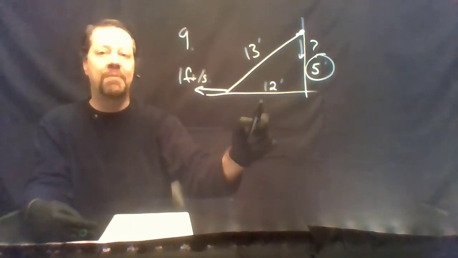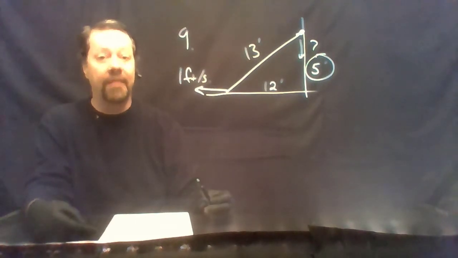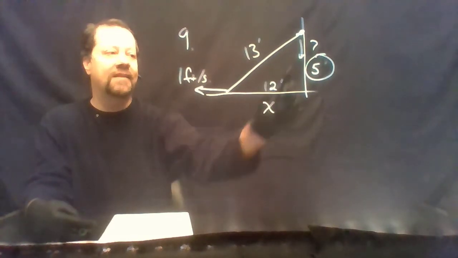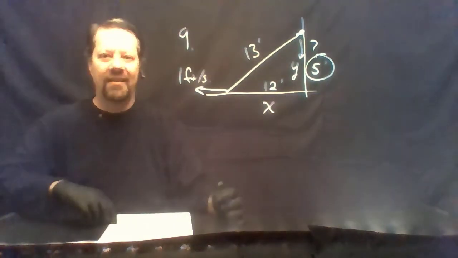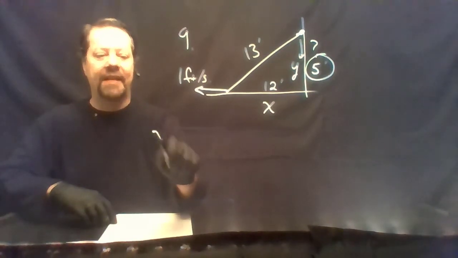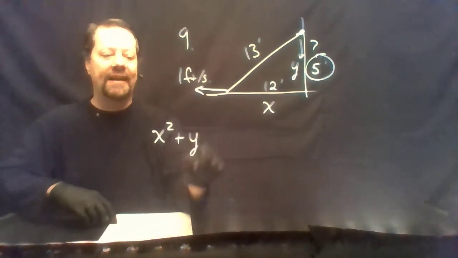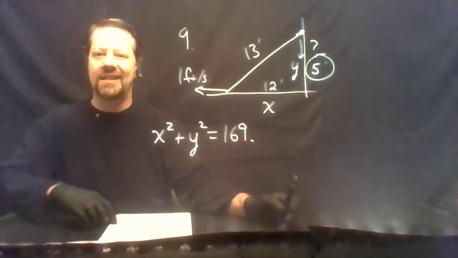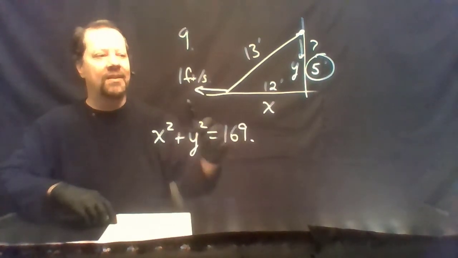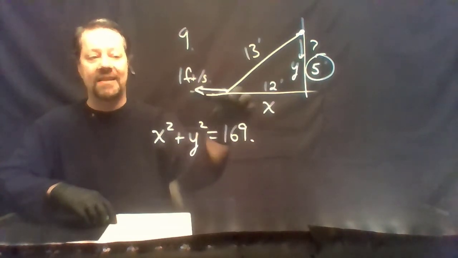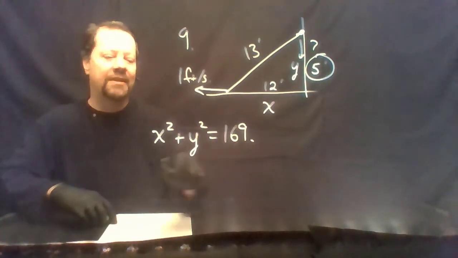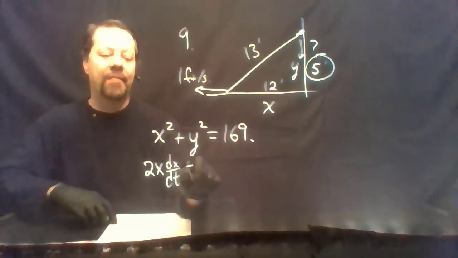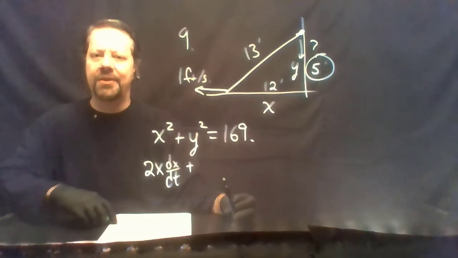Now, we have to label the things that are variable, the things that change. The ladder is stuck at 13 feet, but the x and y values will change. And they are related by the Pythagorean theorem by the equation x squared plus y squared equals 13 squared, which is 169. To relate the rates, this is a related rate problem, we have 2x dx dt. The derivative must be with respect to time.